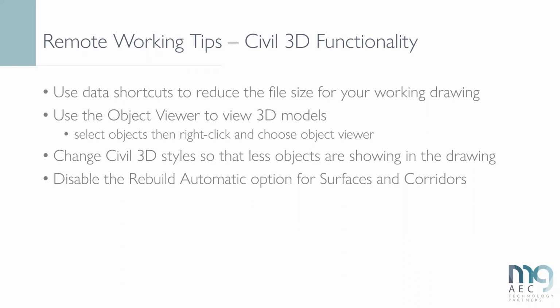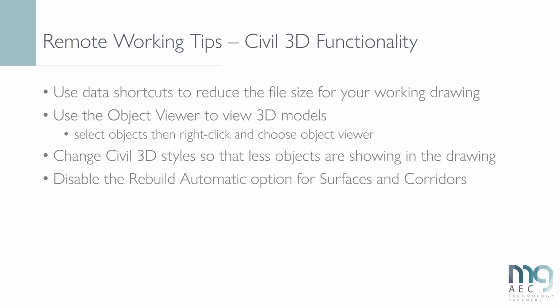So this is a change that you can make while you're actually designing or drafting, is to go in and turn some of those component layers off in your actual Civil 3D styles, making your display of your Civil 3D objects less graphically taxing. You can also change those back or create a secondary style just to work with, but this will definitely increase some performance, or at least the user's experience.